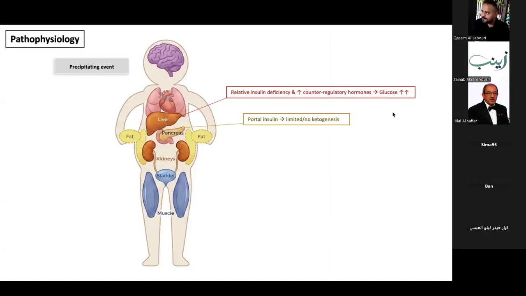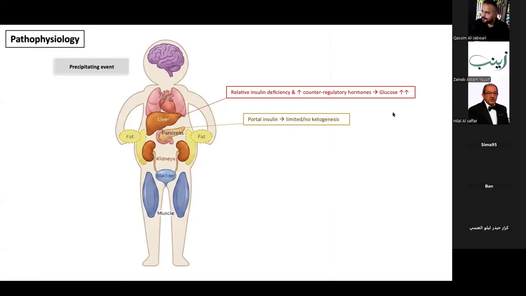This happens against a background of relative insulin deficiency, because HHS patients have enough insulin in their system to prevent ketone body production, but are unable to process the high glucose load that's happening due to that stress.